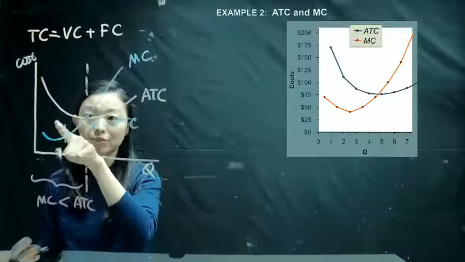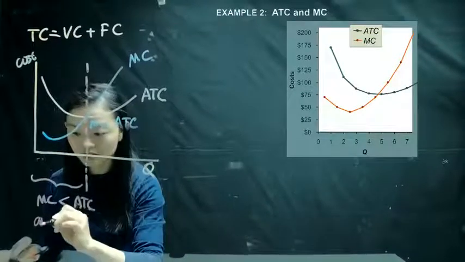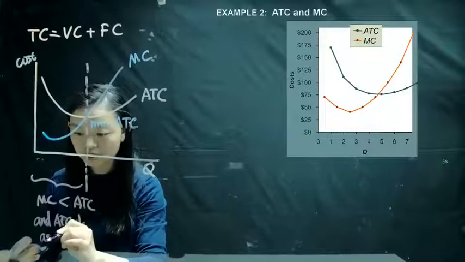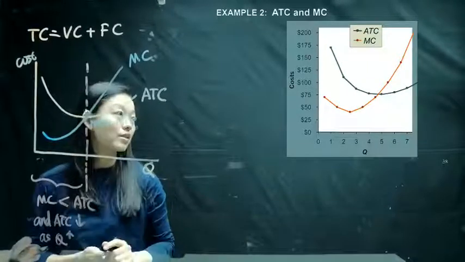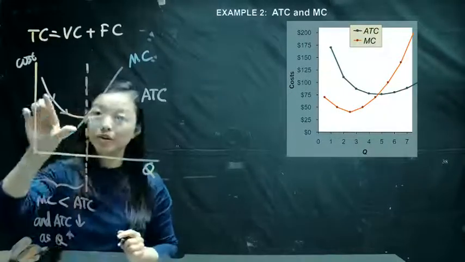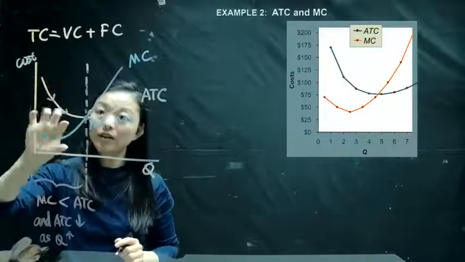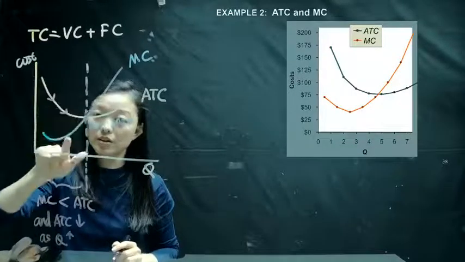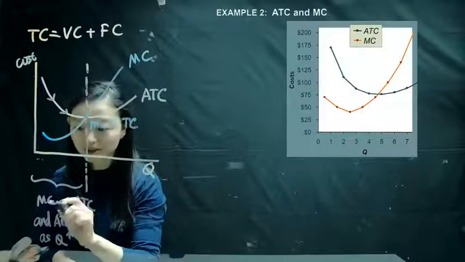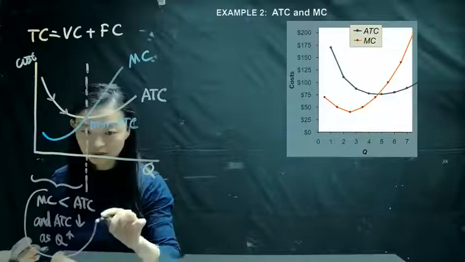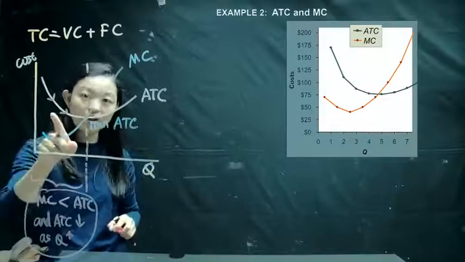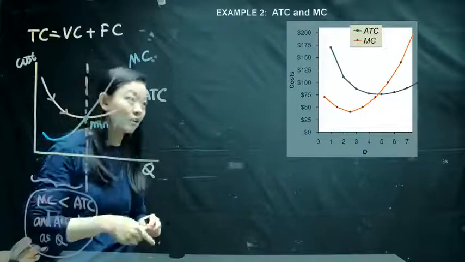Because the marginal cost curve is below average total cost, and average total cost decreases as quantity increases. Make sense or not? Average total cost is still above marginal cost in this part, therefore we will have this conclusion: as output increases, the average total cost still declines.